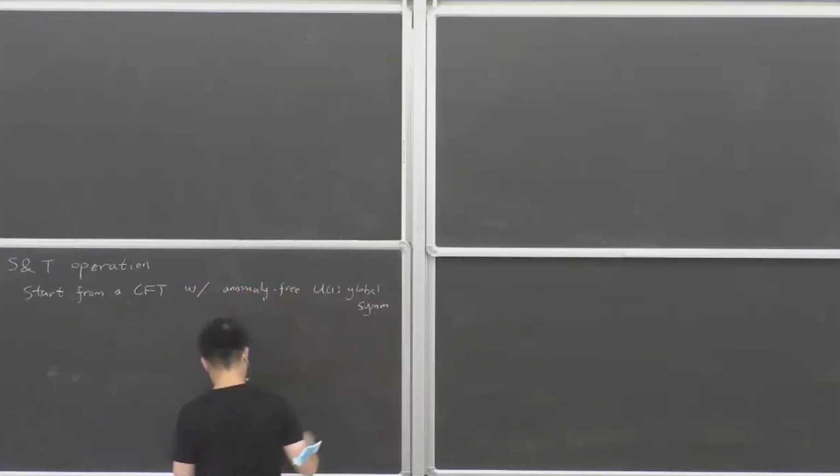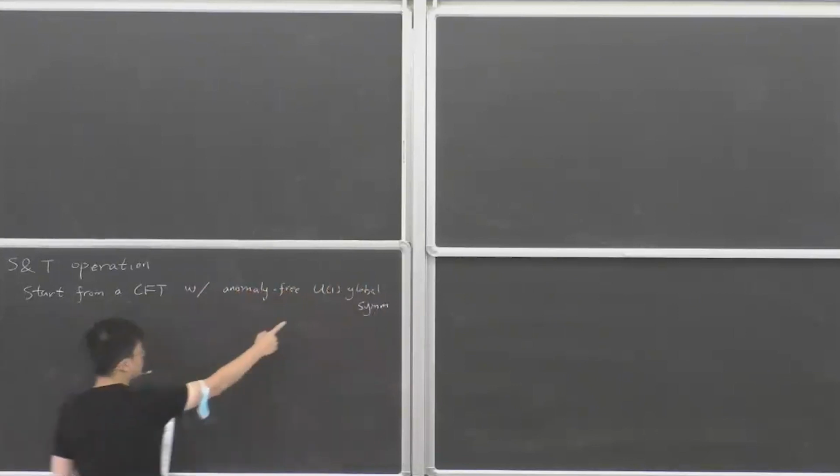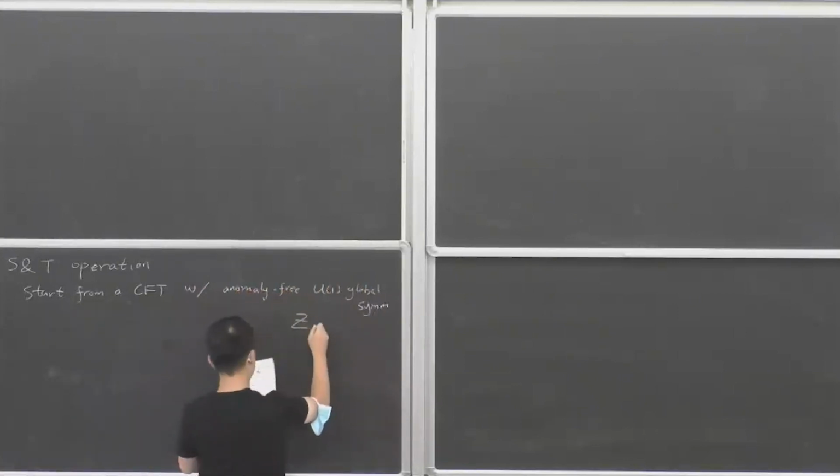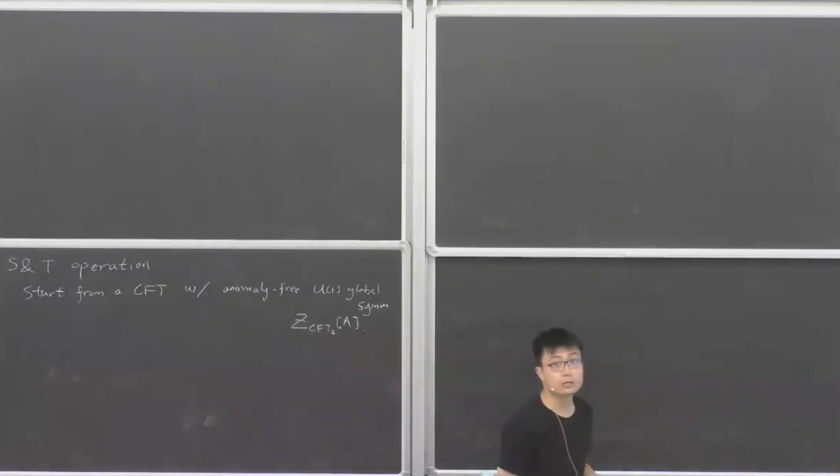So let's denote the partition function of this guy as Z. Let's call it CFT1. And since you have the U1 symmetry, we can put in a probe gauge field, capital A, to it. Since I assume that is anomaly free, this partition function as a functional of the probe U1 gauge field is perfectly gauge invariant.